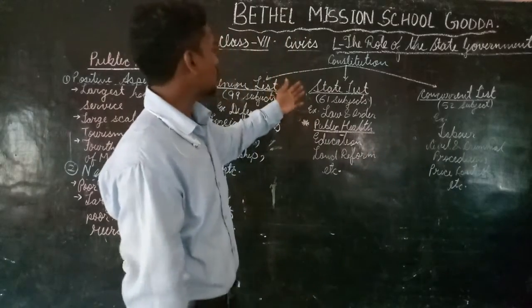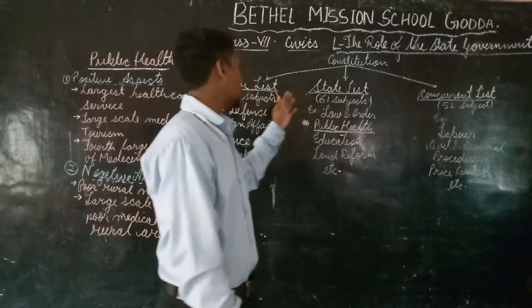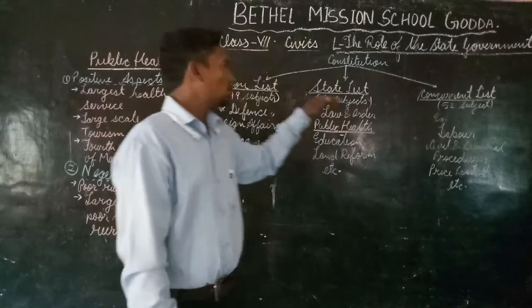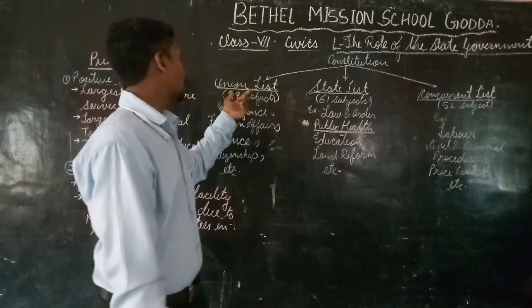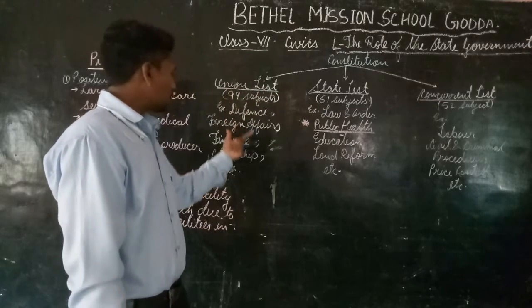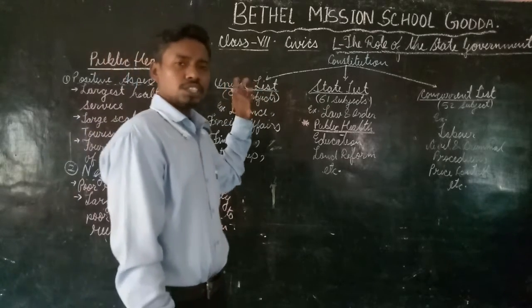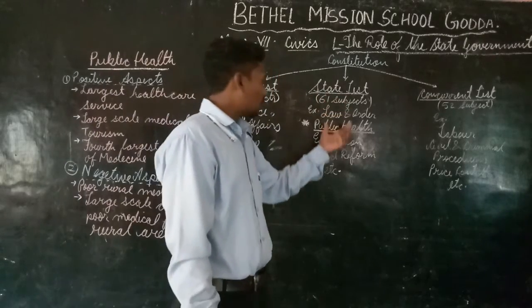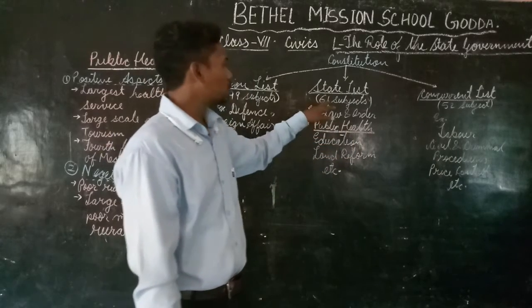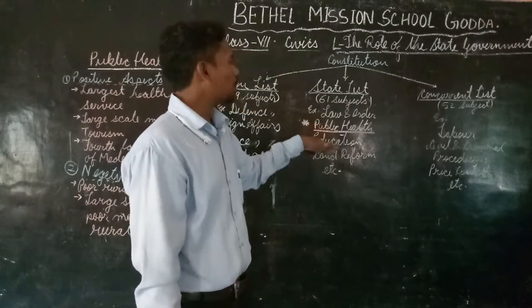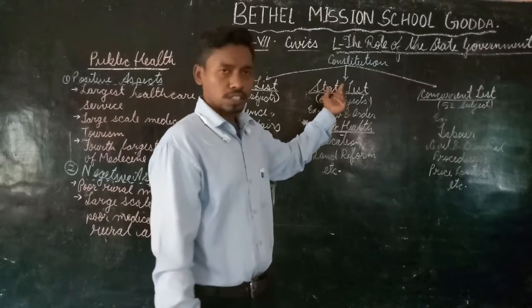As we see here, the functions have been divided into 3 parts. The functions that come under the union list are all carried out by the central government. The functions that come under the state list are all carried out by the state government.